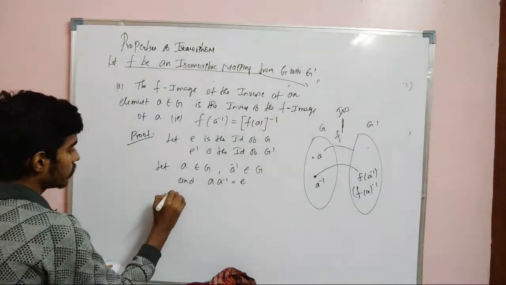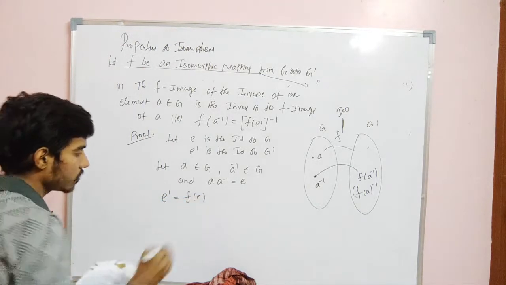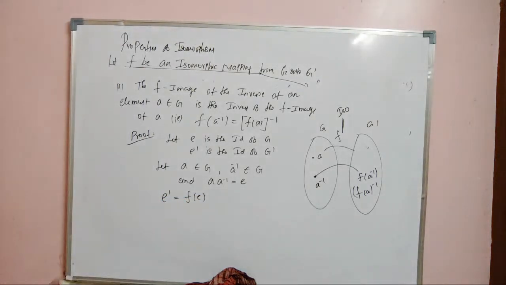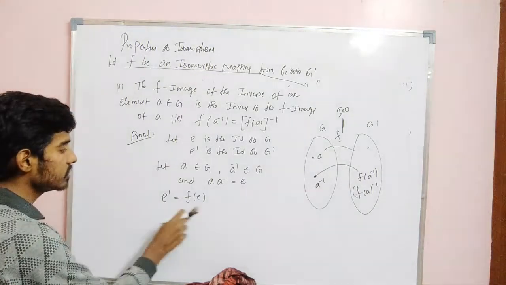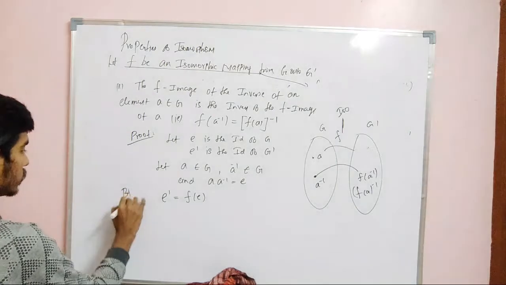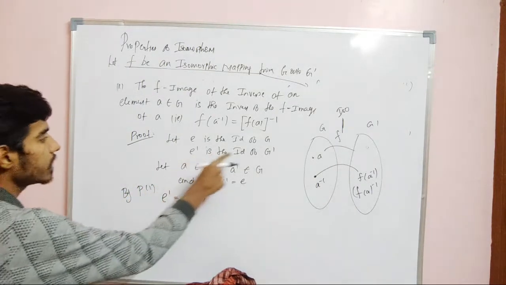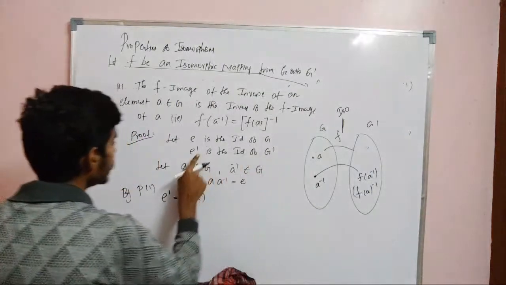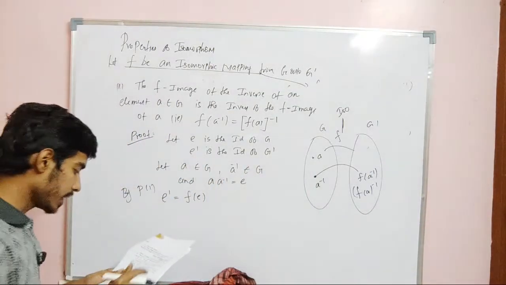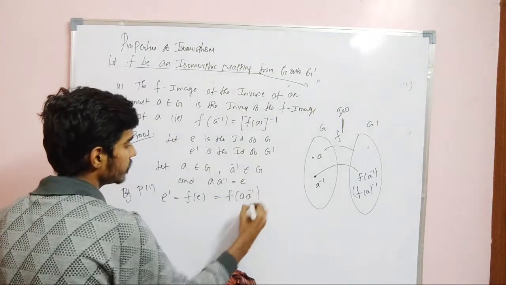Now we know that e dash is equal to f of e. That is, the identity element e dash is the same as f of e. This is by property 1. Now I can write f of e as f of a into a inverse.